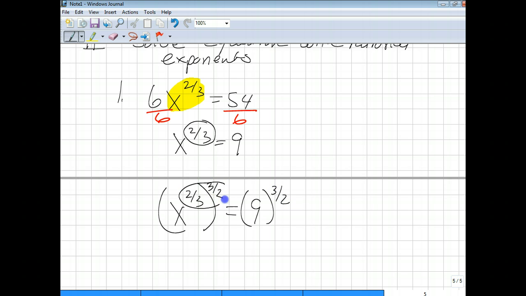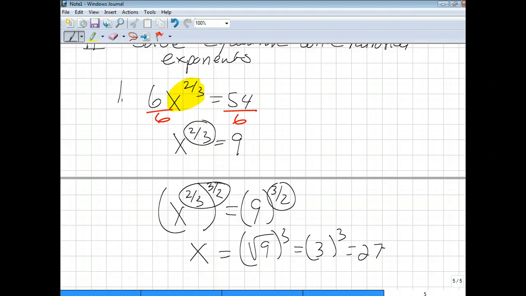When I multiply these two together, I just get x. And then I'm going to do what this says to do. So that says the square root of 9 cubed. Square root of 9 is 3. 3 cubed is 27. So x equals 27 is the correct answer.